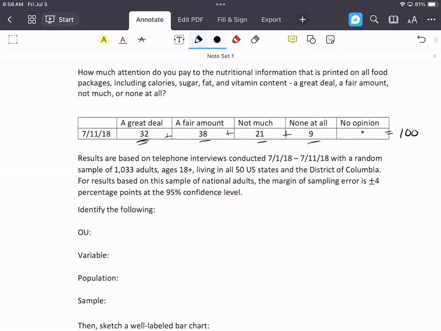Now, some students will say, you know how sometimes you'll get a survey and it'll rank it like 4, 3, 2, 1, 0. And instead of giving it a very obvious category like great deal, fair amount, not much, none at all, or no opinion, what if we gave it numbers? Does this make it quantitative? No. It's tempting to say it's quantitative because I could add these numbers up, do a weighted average, and see where it is.